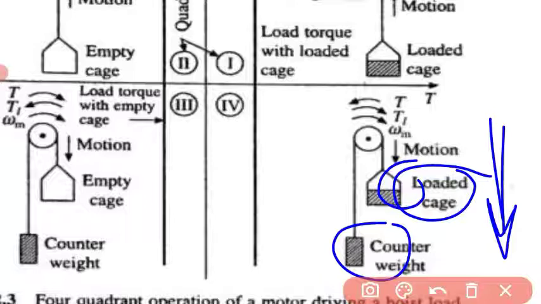In order to limit the speed of the cage within a safe value, the motor must produce positive torque.